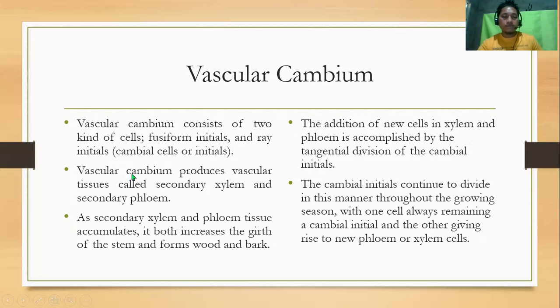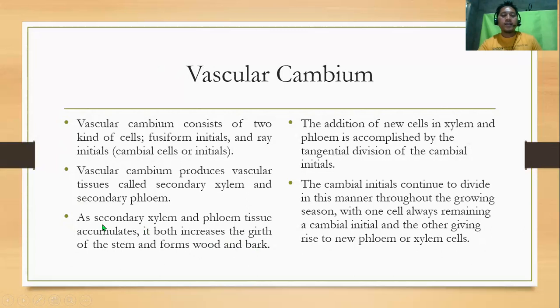Initials means they are the start. So these cambial cells produce the secondary xylem and phloem. As secondary xylem and phloem tissue accumulates, it both increases the girth of the stem and forms wood and bark.